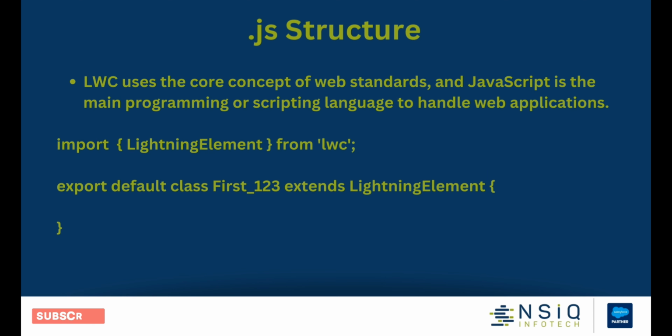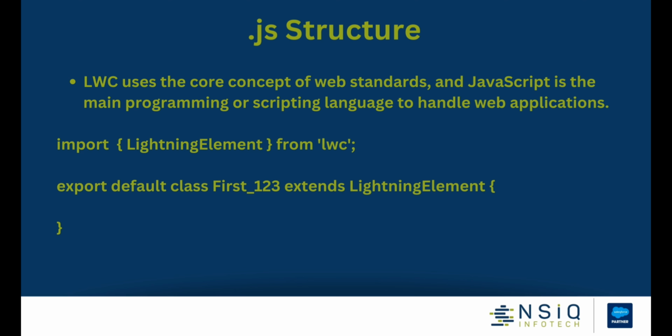Next file is the .js file, or we can say the JavaScript file. As you know, LWC uses the core concept of web standards, and JavaScript is the main programming or scripting language to handle the web application. So which tasks are handled by JavaScript?